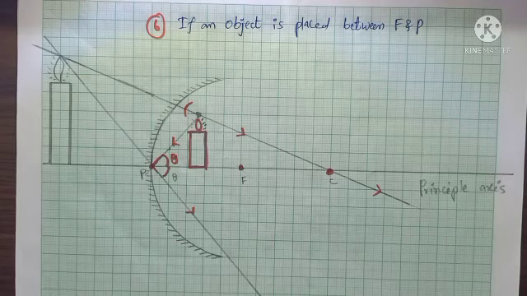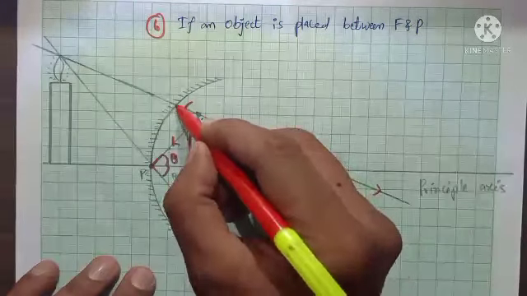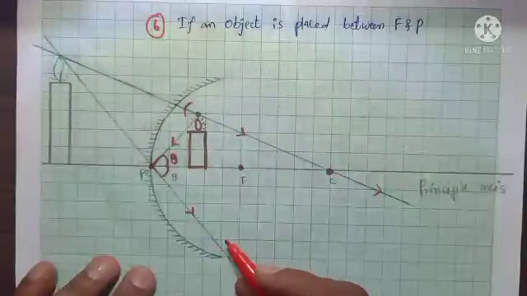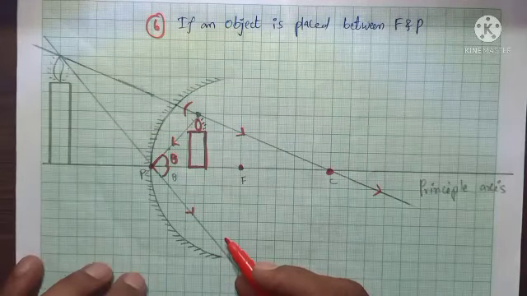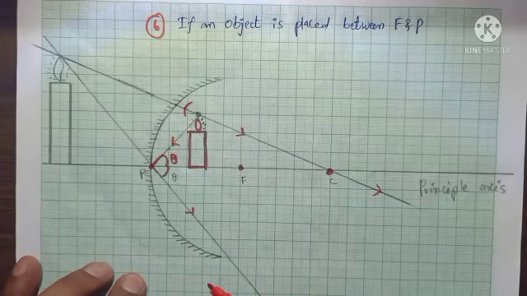So to find where the image will form, we have to extend these rays inside the mirror, so we can get the image inside the mirror.